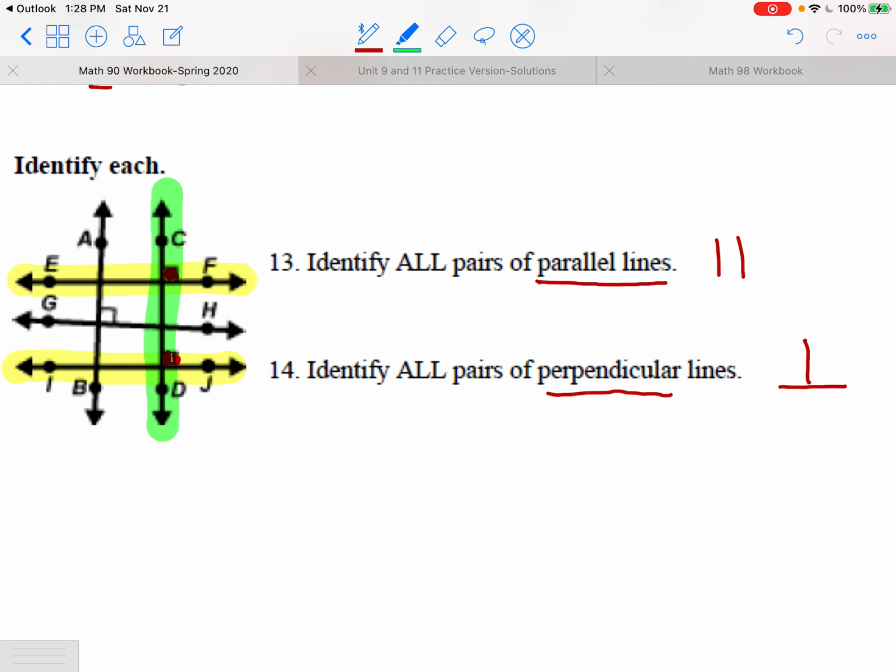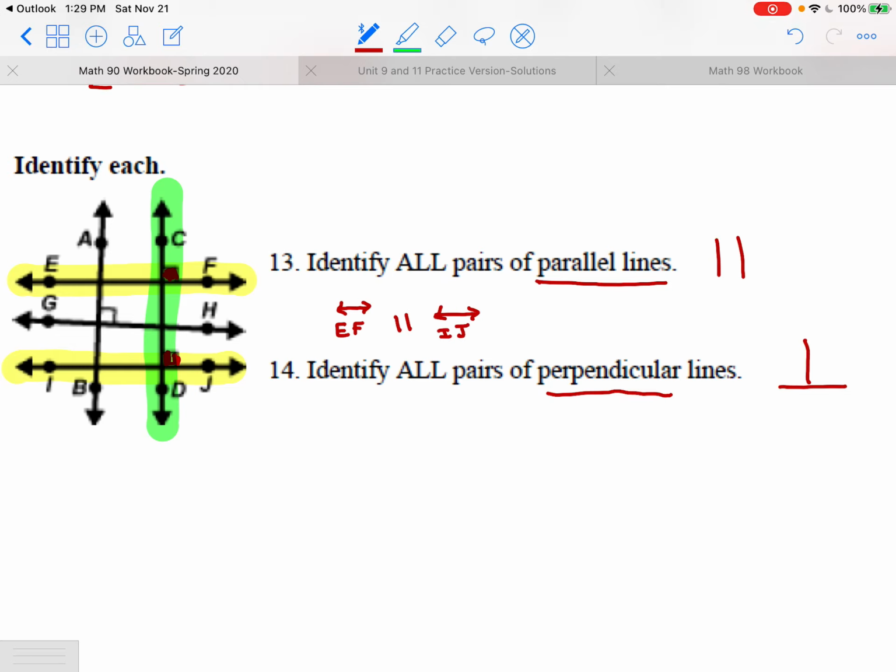And since that's the case, we know that CD hits both of those other lines at exactly the same angle measure. So that's how we can tell that lines EF and IJ are parallel to each other. Okay, so we would just say this is line EF is parallel to line IJ.